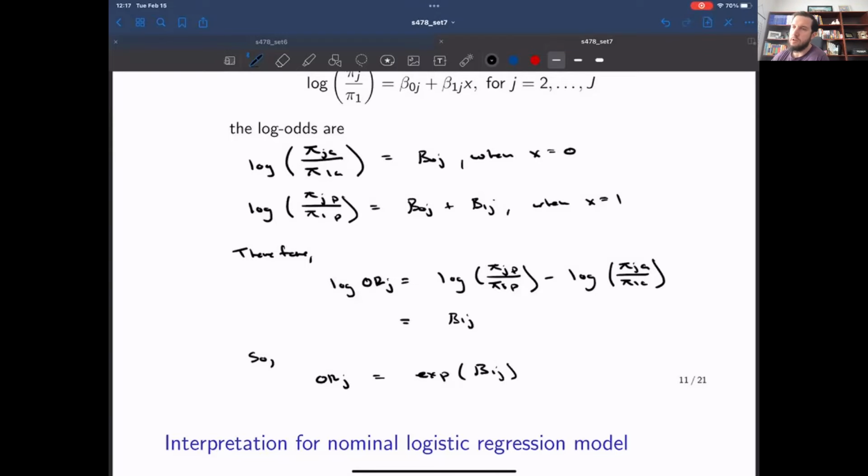We're going to look at an illustration where we have multiple explanatory values, and we'll talk about how we can adjust our interpretation based on those values.